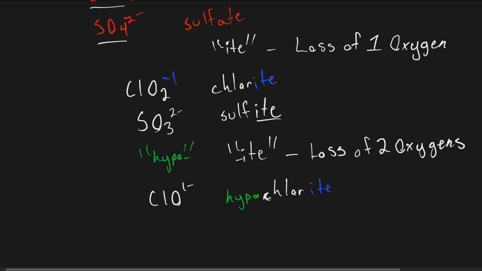That is because it lost those two oxygens. Hypochlorite. Now let's take into consideration sulfate. Sulfate had a reference number of 4 oxygens, but now that it lost 2 oxygens, it would just be SO2. Remember, we still keep the charge, as the charge never changes.